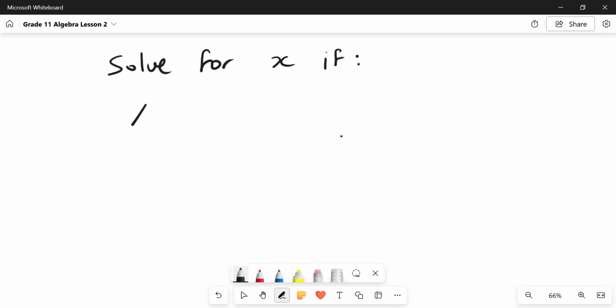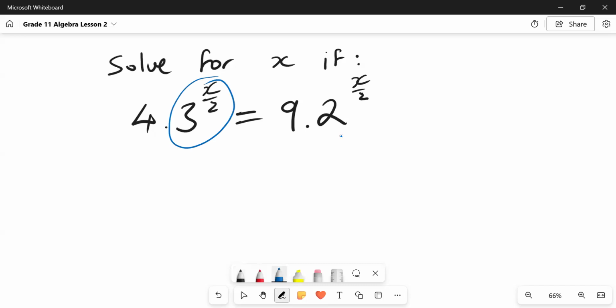Last example. So you have 3 to the power x over 2 times 4 equals 9 times 2 to the power x over 2. So now let's group numbers with variables together and then numbers without variables together, right?